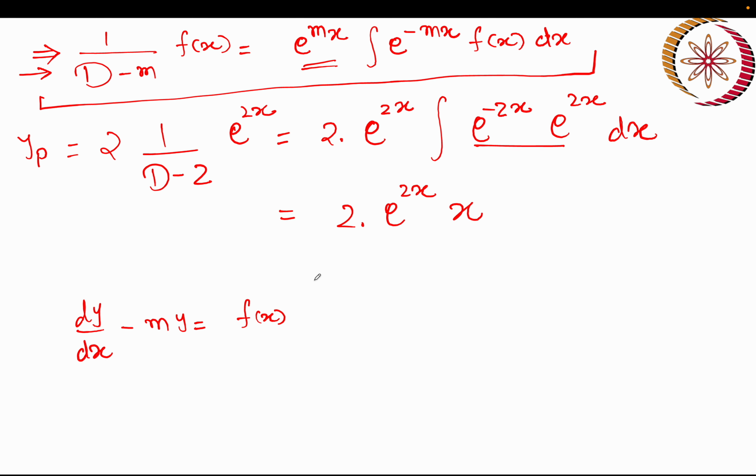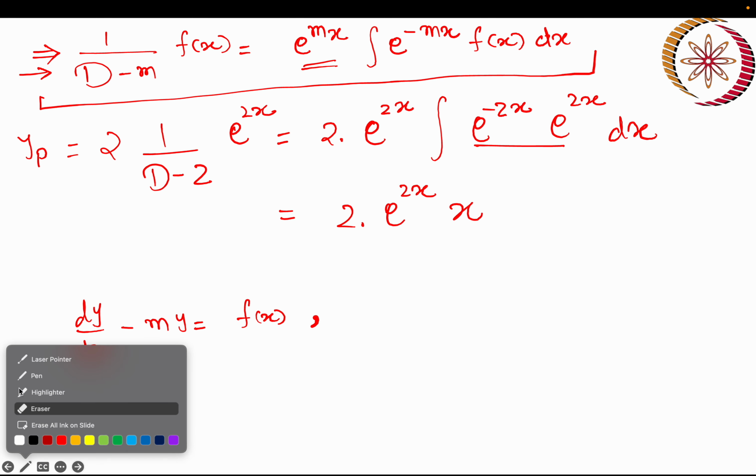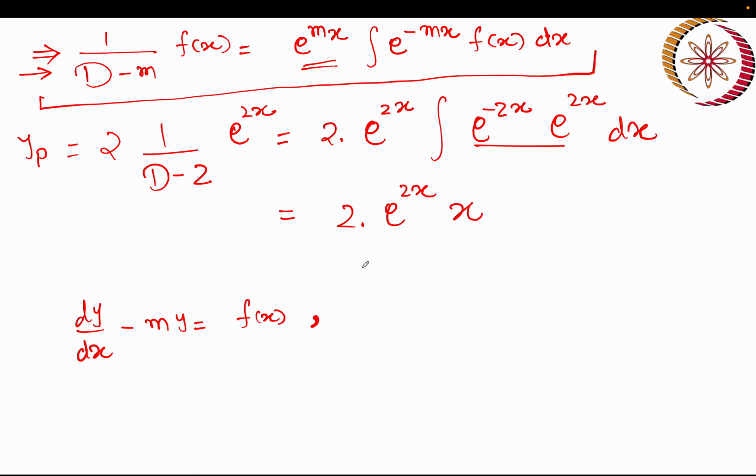So what we can see here is if we multiply this whole equation by, let's say, u. If you know about the integrating factor, you can find that the integrating factor for this whole equation is e raised to minus mx, based on just this minus m.